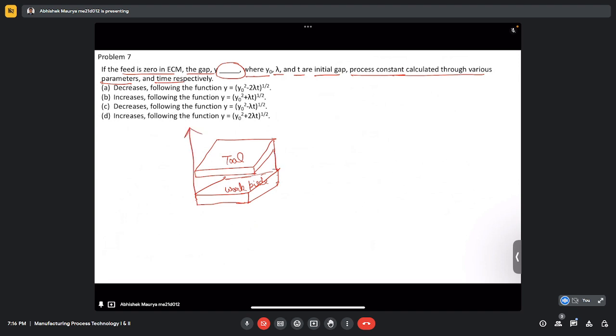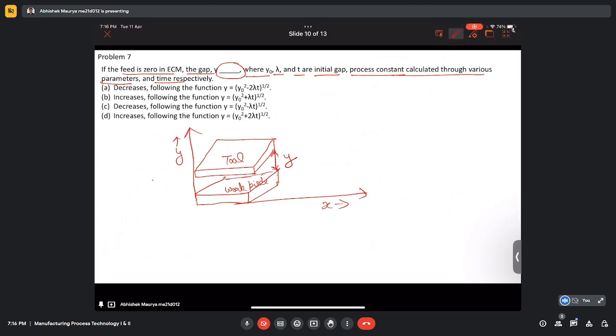There is some gap between the tool and the workpiece that we denote by y. So the y-axis shows the gap between the tool and the workpiece, and this is the x direction. Between the tool and workpiece there is a flow of electrolyte. The blue one shows the direction of the electrolyte.